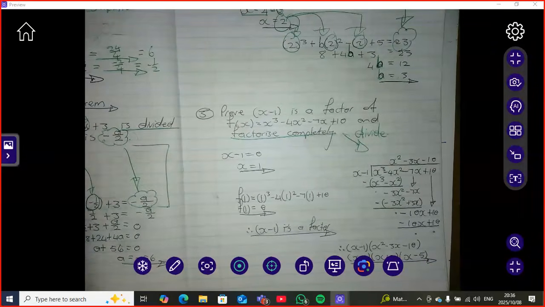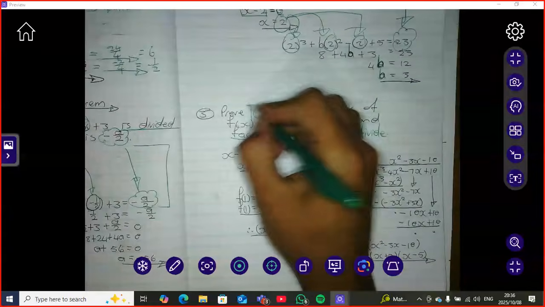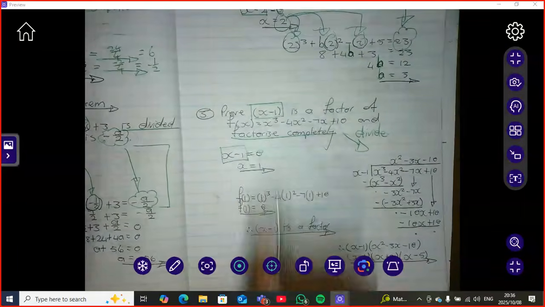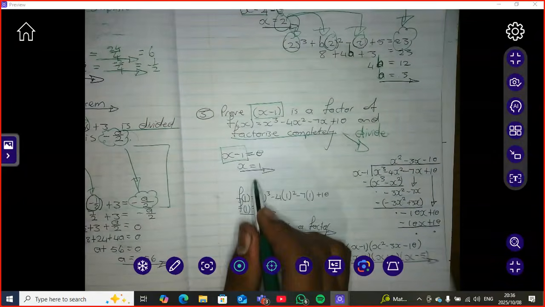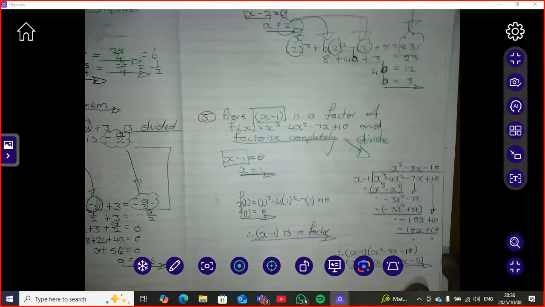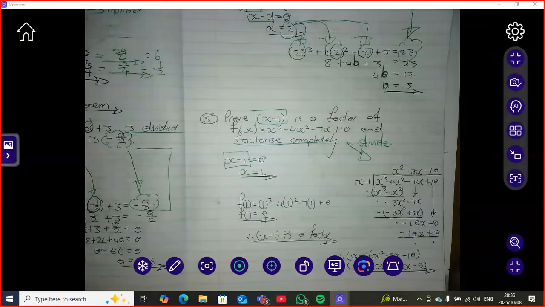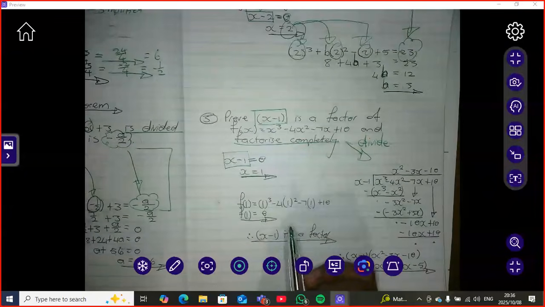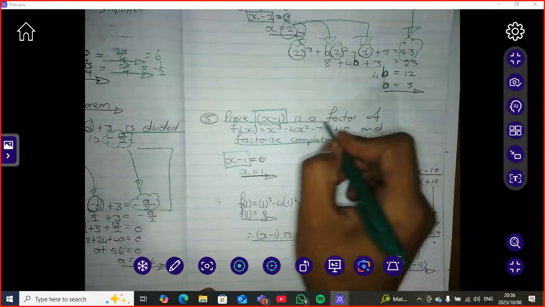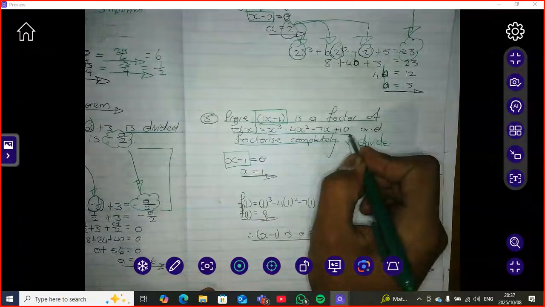So my first step, I take this in brackets equal to 0. Exact same step. I solve my x, I get my x value. Why I did this right now is because the first question, before I even divide anything, is to prove that x minus 1 is a factor of my given equation.